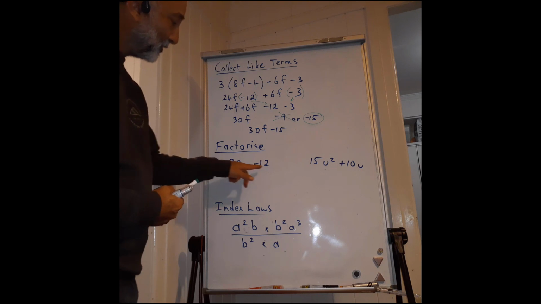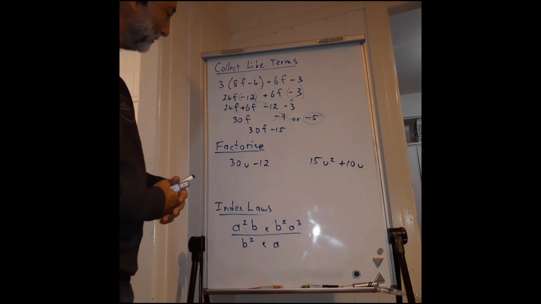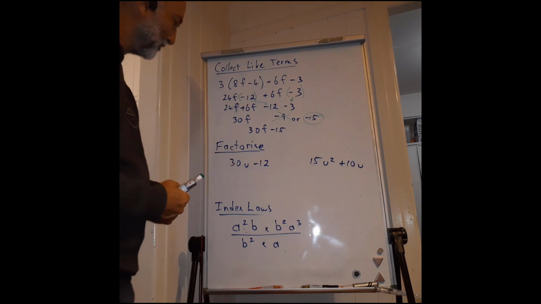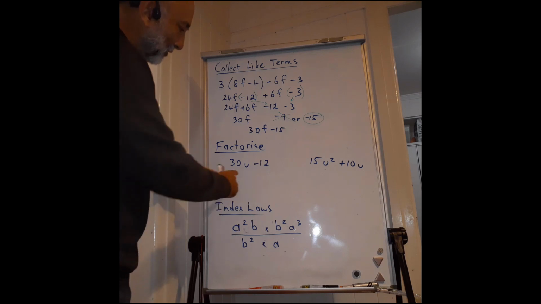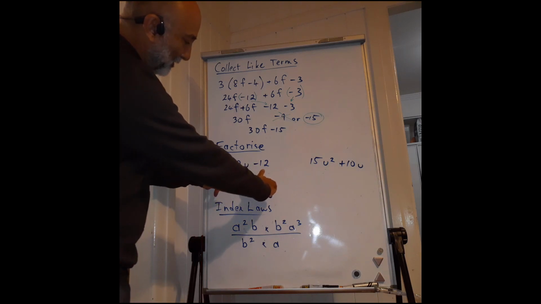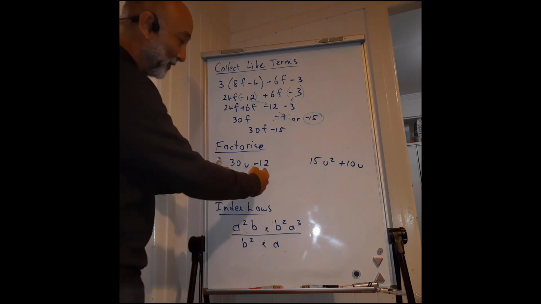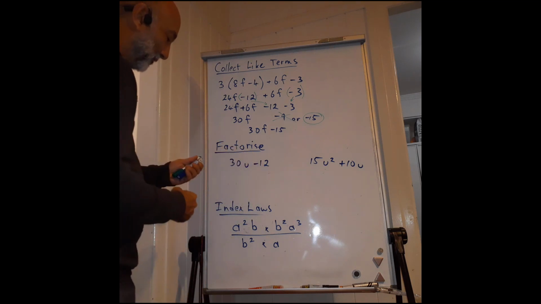So here we have an expression, 30u minus 12. Factorizing is trying to make the numbers as small as possible. And so we're looking for what we can divide into these two numbers to make them as small as possible, but it's the same number so that we can take it outside the brackets.